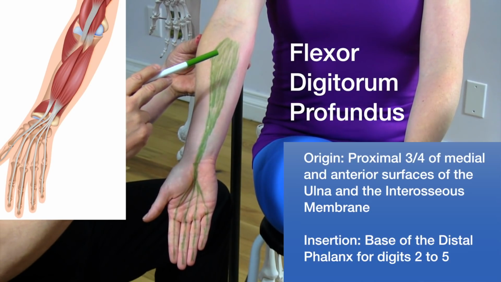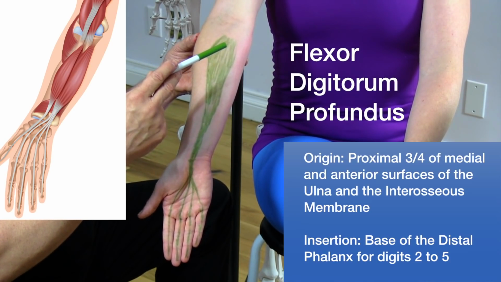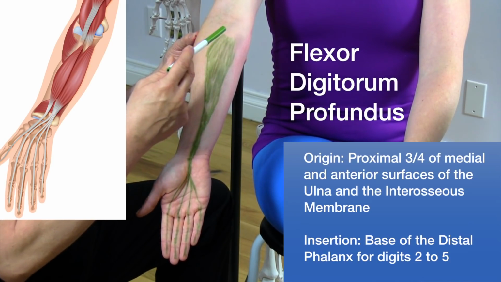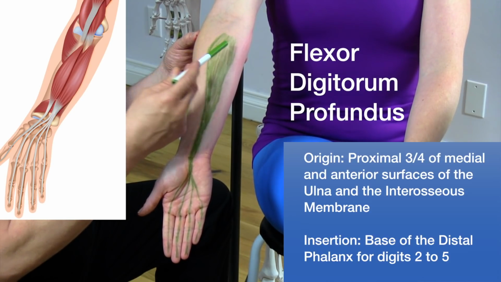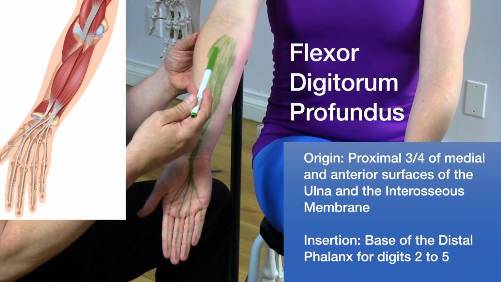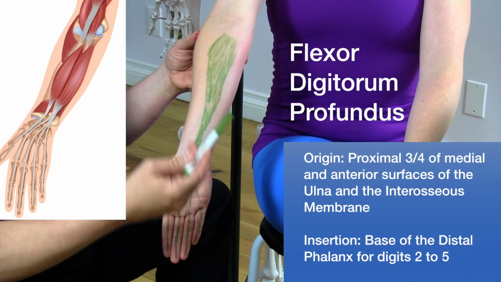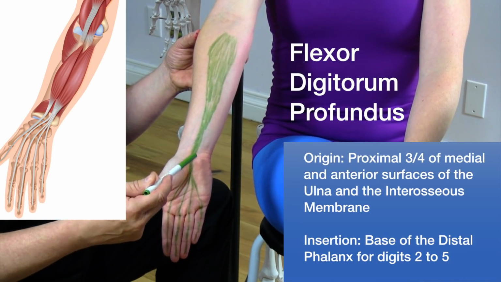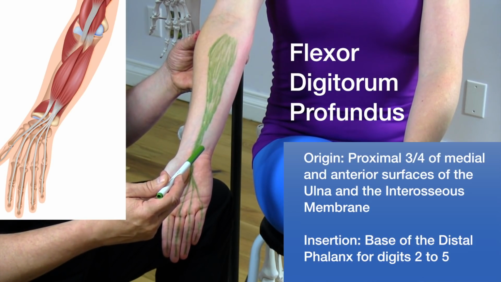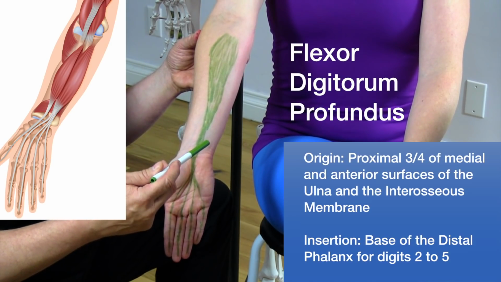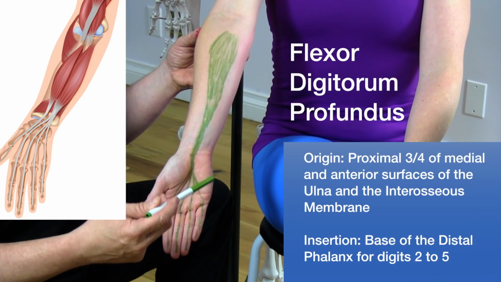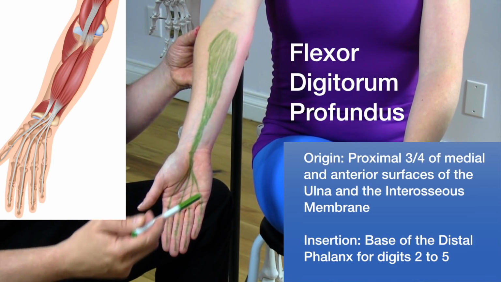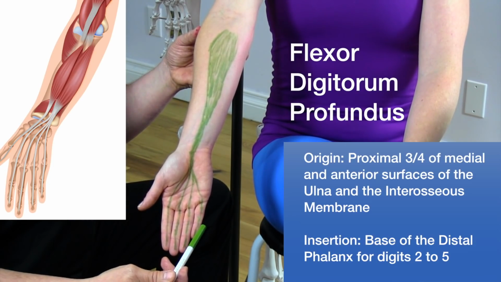It has a broad origin on the anterior and medial ulna, and on the medial half of the interosseous membrane between the radius and the ulna, which connects the radius and the ulna. It splits into 4 tendons as it gets down to the hand here, and it passes through the carpal tunnel and inserts on the distal phalanges of the fingers 2 through 5.